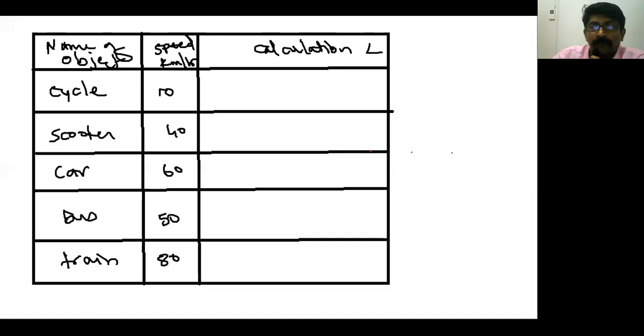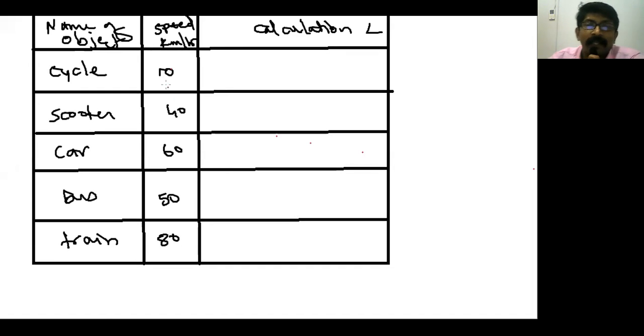Look at this. Before calculating this angle, we must understand what is the sum of all these objects. So 10 plus 40, 50, 110 plus 50, 160 plus 80 will become, so what is the total? The total is 240. Now, please understand, students, when we are calculating, it is out of what? So this is 10 out of 240, isn't it?